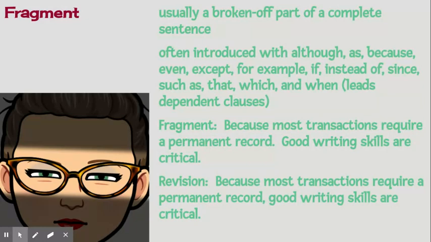It doesn't even have to be a dependent clause. Let's look at the example. Because most transactions require a permanent record, period, good writing skills are critical, period. In this case, we have a dependent clause that's acting as a fragment, so we're going to combine it with the following independent clause to make it a complex sentence, as you notice in the revision.